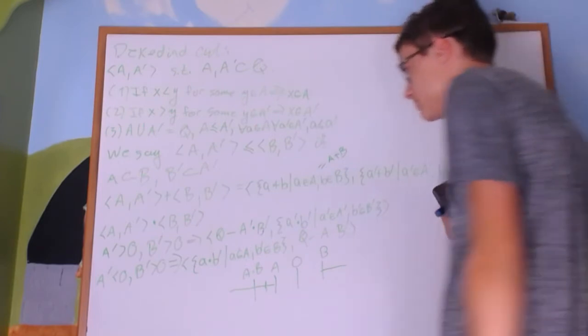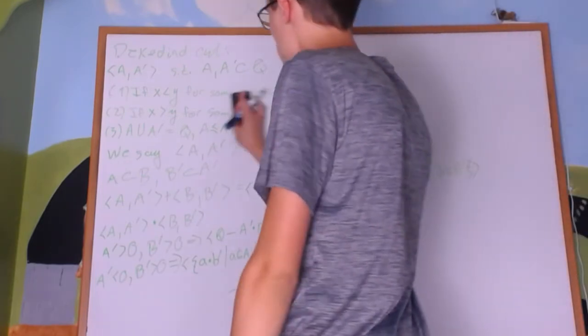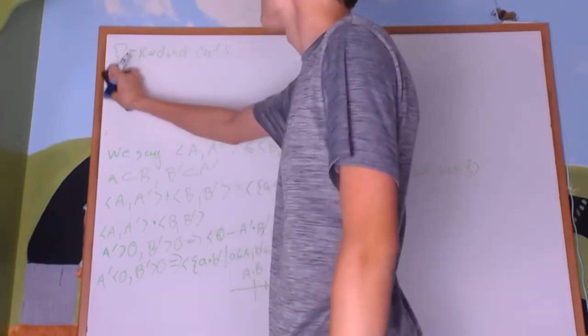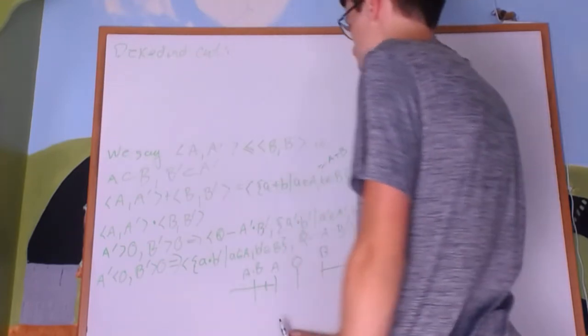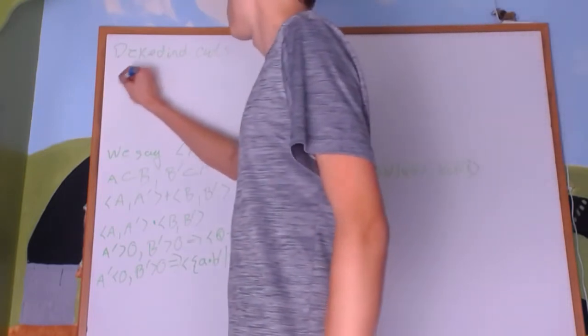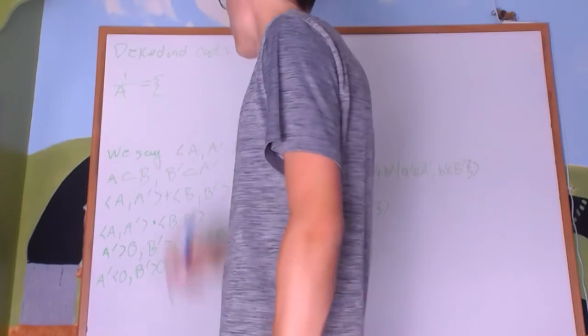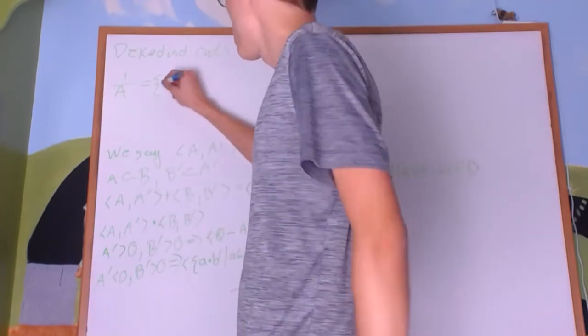And so how do I prove that this is actually an ordered field and that they have inverses? So we could do 1 over A would be this set.